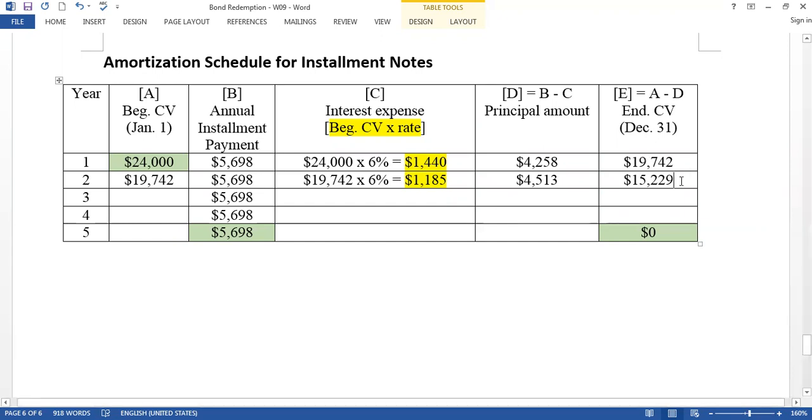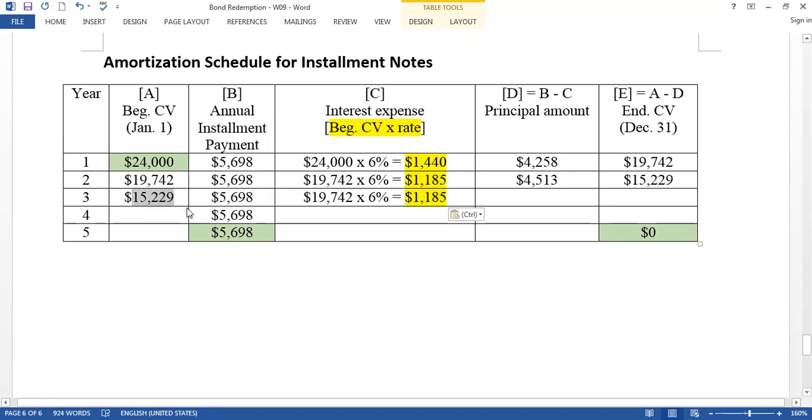Now we start year 3. So the ending liability of year 2 is the beginning liability of year 3, and we pay this money. And from here, some part is the interest expense.